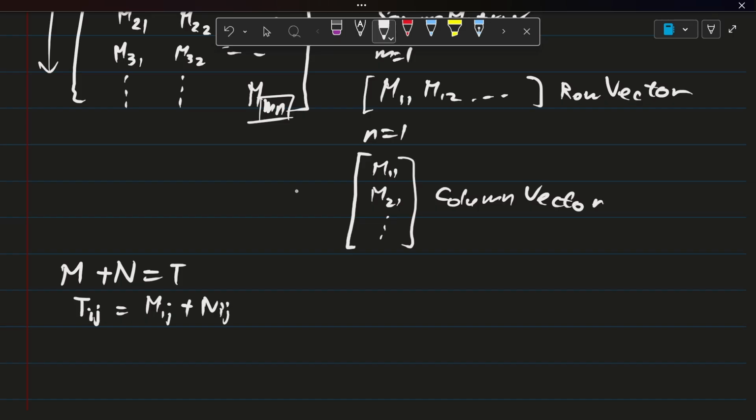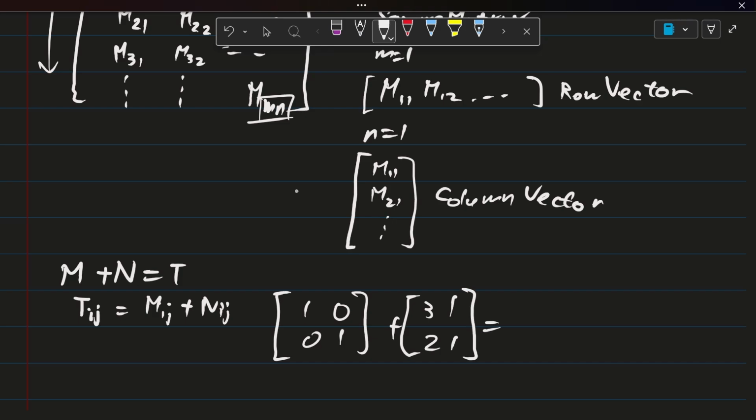This literally means that you add up term by term. So let's say you have 1, 0, 0, 1, and you add it to 3, 1, 2, 1. You just sum up each of the terms together, so it's 4, 1, 2, 2. It's as simple as that.